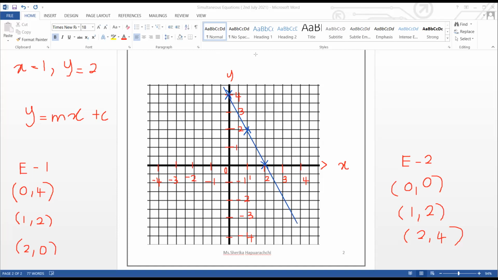I'll take a green color. Okay, so there I'm going to take 0, 0, then 1, 2, then 2, 4. Right, this is my second one.